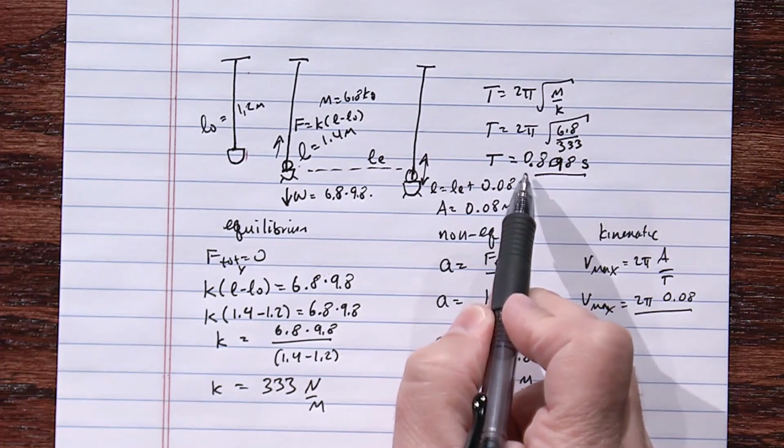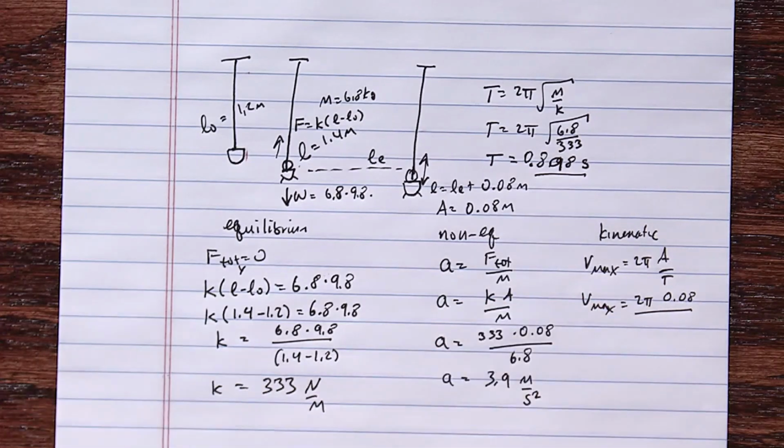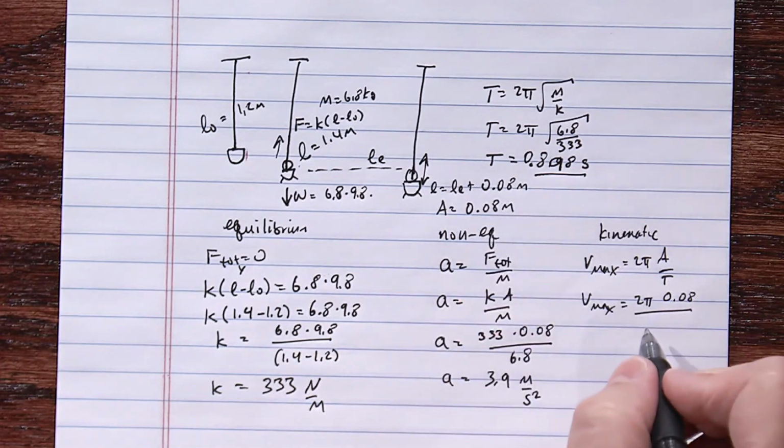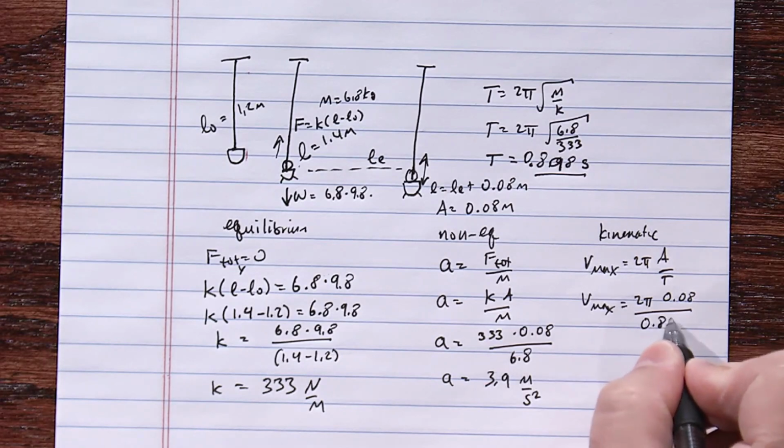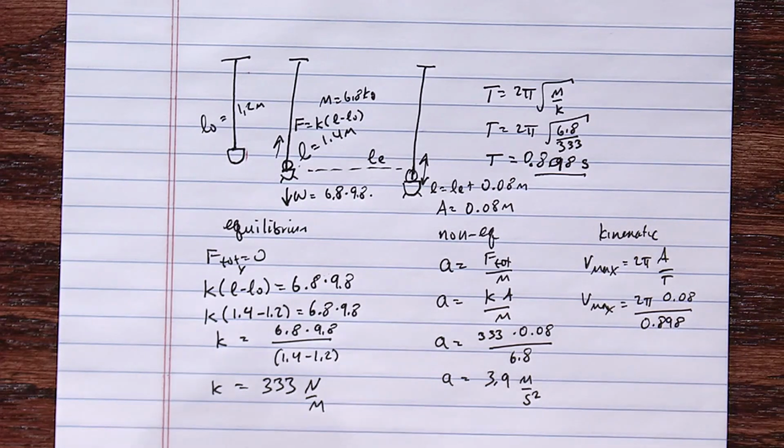So the period of the oscillation is 0.898. I think I said that, but I wrote it down wrong. So the period is 0.898 seconds.